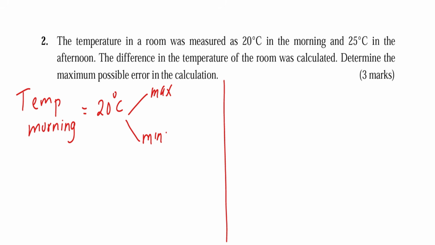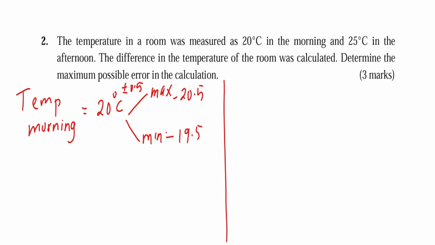Remember the level of accuracy is 1, is to the nearest whole number, and therefore your error is around 0.5, half of that accuracy. So maximum yako ni 20.5, na minimum yako ni 19.5 if you add or subtract 0.5.